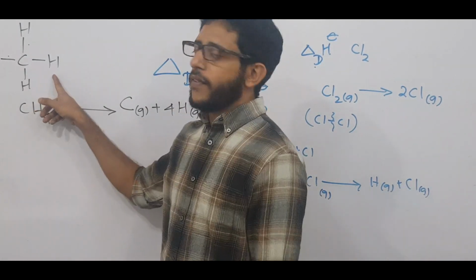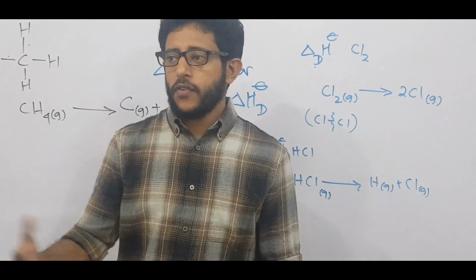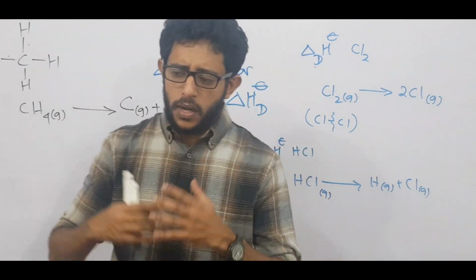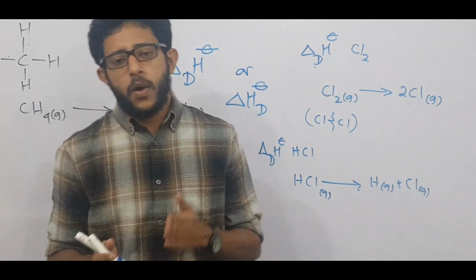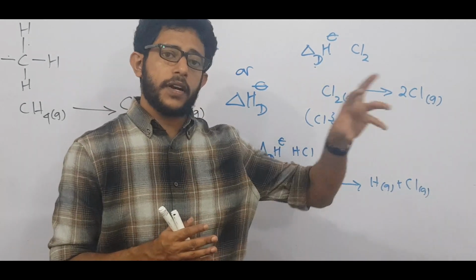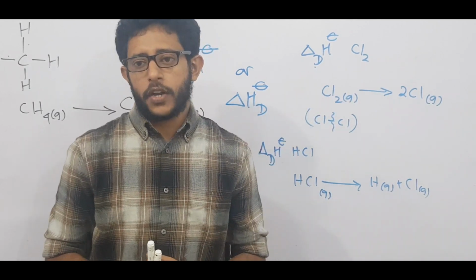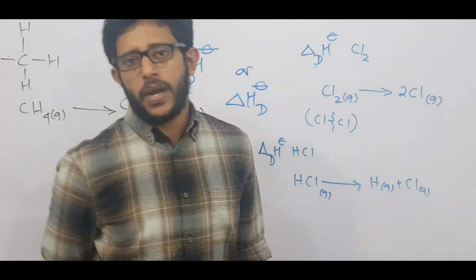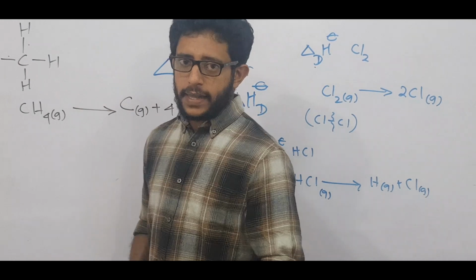The C-H bond of methane is different from the C-H bond of ethane. The C-H bond of alkenes is different from the C-H bonds of alkanes. So theoretically we have different values, and we can't use different enthalpy values for different instances. So obviously we have to have an average value to use in calculation. So we use the idea of mean bond enthalpy value.